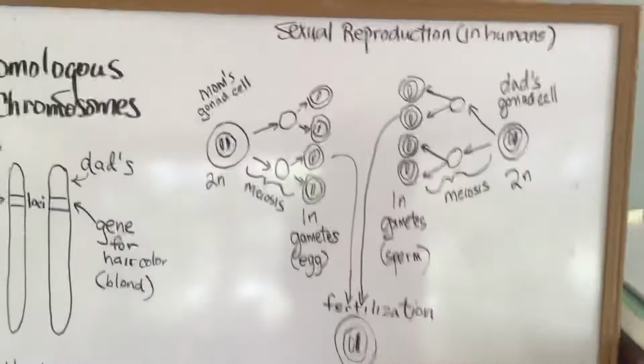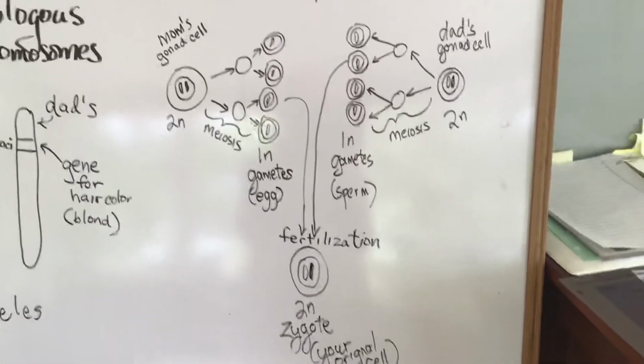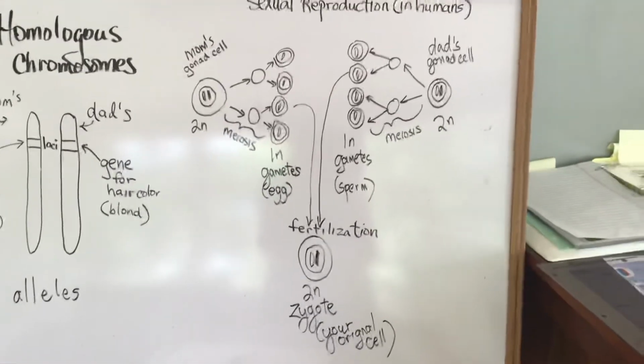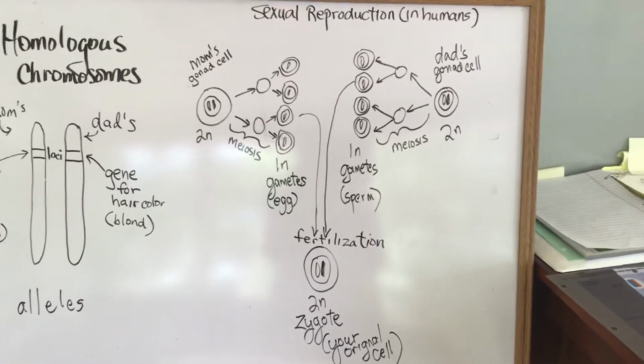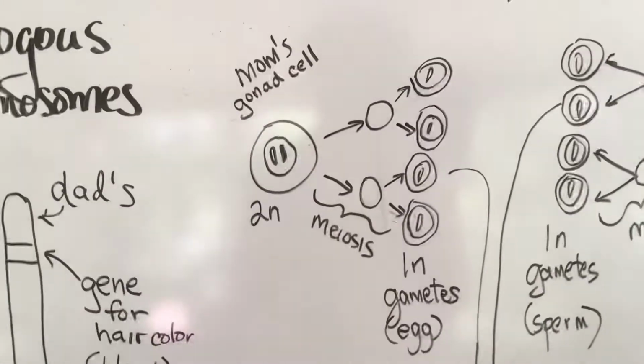Now, another thing to know is how this plays into sexual reproduction. In humans we have sexual reproduction. I'll back up so you can stop the video if you like and draw this out. Let's look at mom's side first.